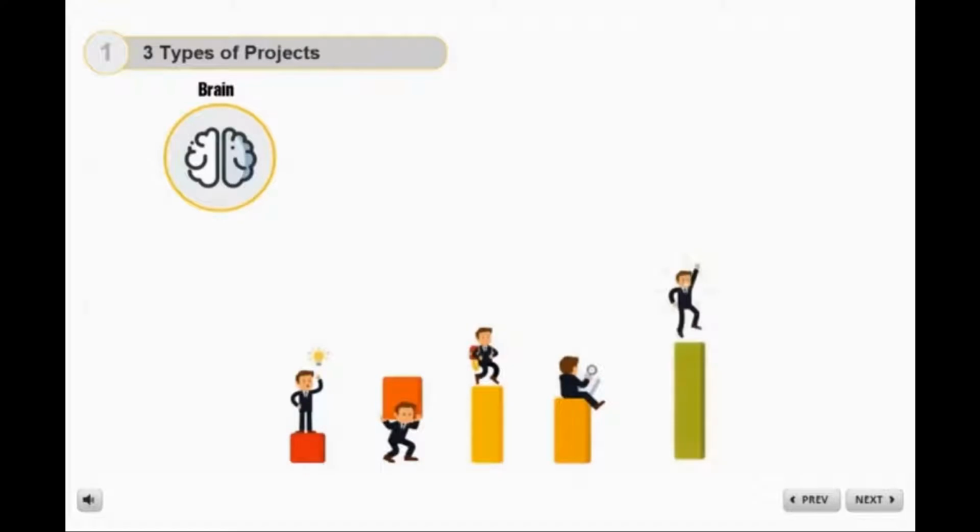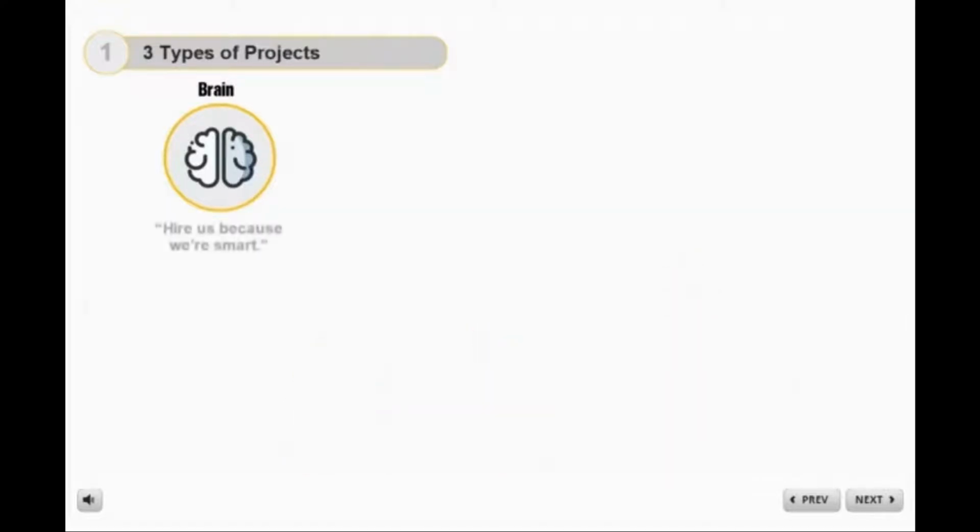In essence, their appeal to their market is: hire us because we are smart. The gray hair projects, while they require highly customized output in meeting the client's need, involve a lesser degree of innovation and creativity in the actual performance of the work than the brain projects.